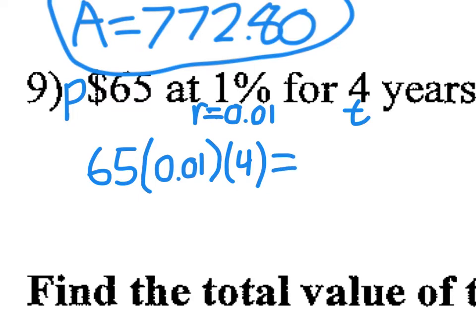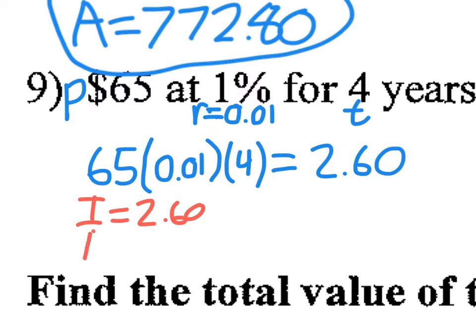Our total amount of interest is going to be $2.60. So I is going to be $2.60. Total amount for the loan is going to be the $65 plus the $2.60, so it's going to be $67.60.